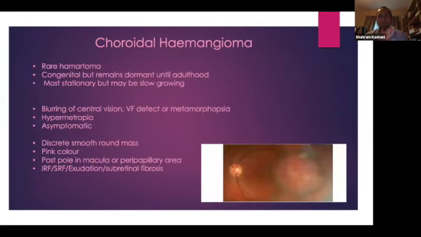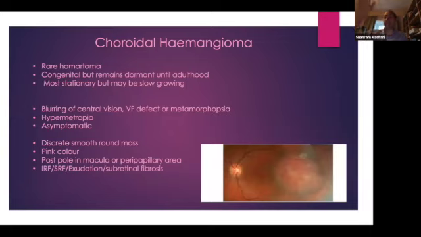Next one, so now we get to rarities before we come to some commoner things. So choroidal haemangioma. So haemangioma essentially presents as a dome-shaped pinkish mass in the back of the eye. I have seen a few, and you see them by just essentially looking at a macular scan.